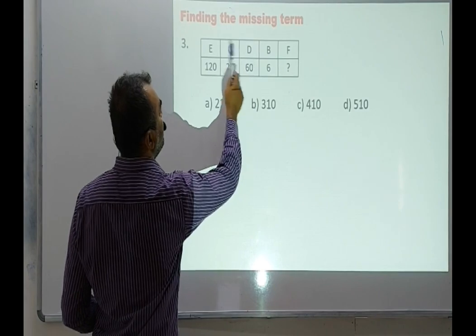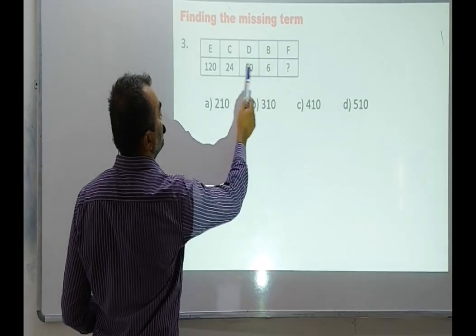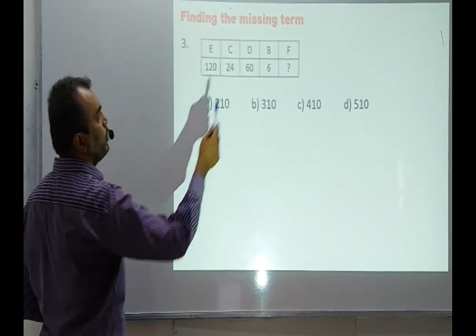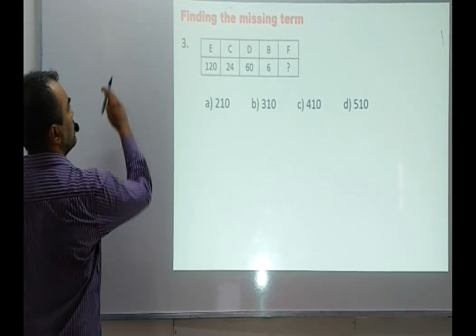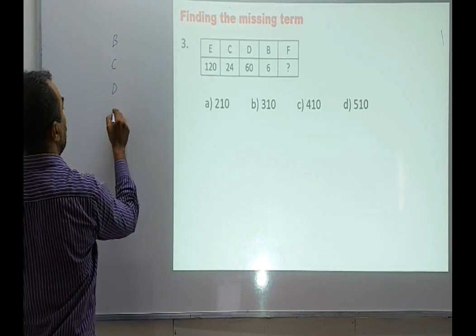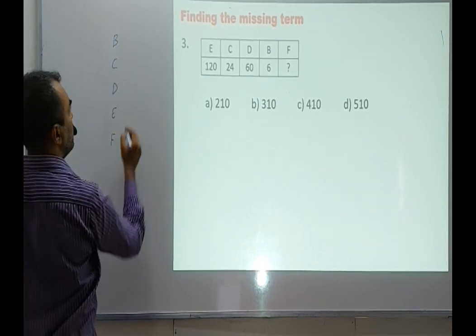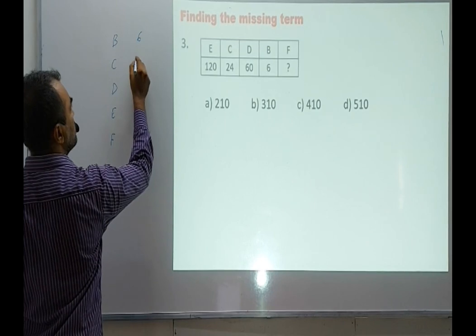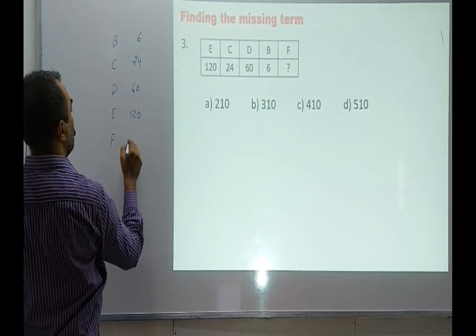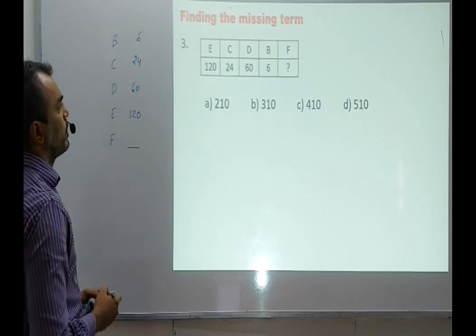B, C, D, E, F. 6, 24, 60, 120, something. So when I put these letters B, C, D, E, F in an order, I get 6, 24, 60, 120, and I have to find this.